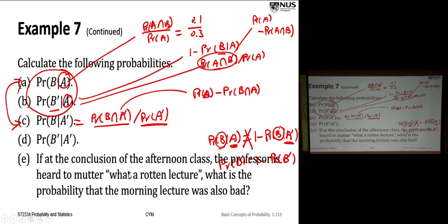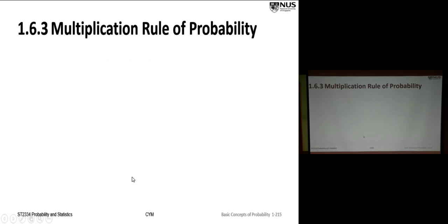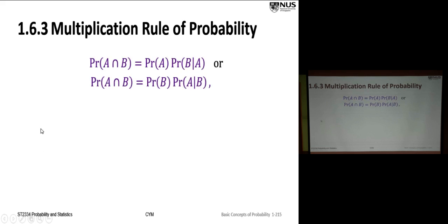Okay, so that's what I want to add to this example. You can read the others. From this definition of conditional probability, we derive what we call the multiplicative rule of probability. Mathematically, there's no difference.